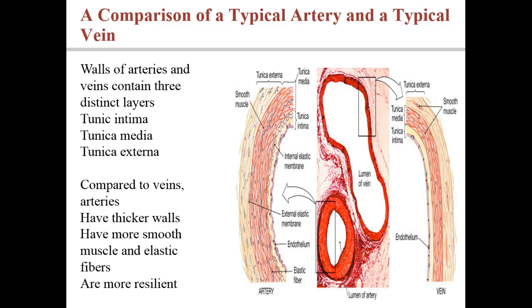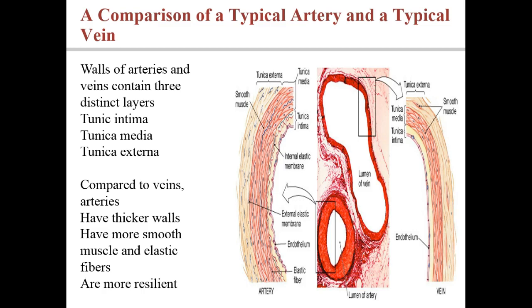And then the external layer, the tunica externa, which goes by other names depending on where you are in the body. You also have the tunica adventitia, but the tunica externa is the outer layer, and that's connective tissue.